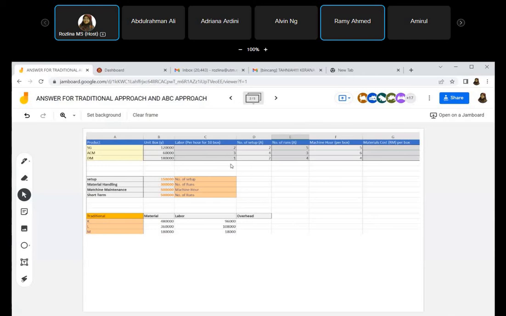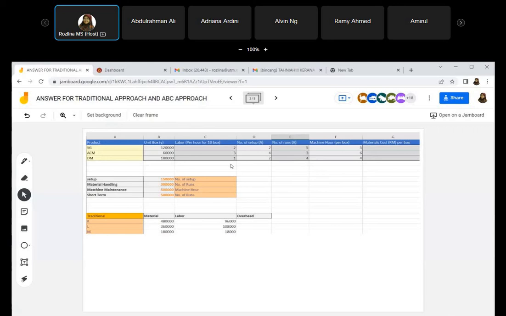Okay, 480 is correct. 360 correct. 180 correct. And then labor. See, when you put 96,000, I cannot see your steps, and I don't want to find out one by one which one is your steps. So that's why you will get 0 marks because the answer is not correct.